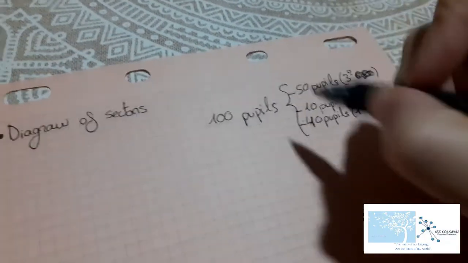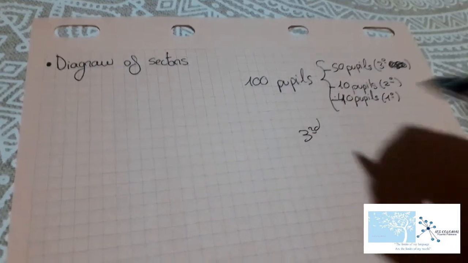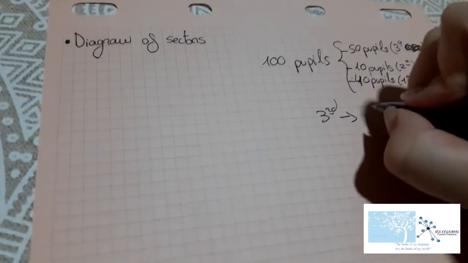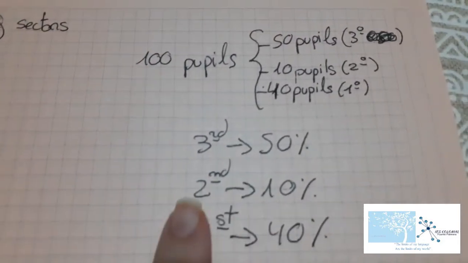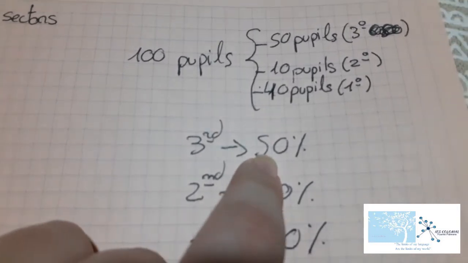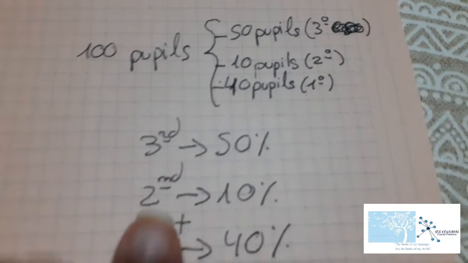So, the pupils in the third year are the 50% of the pupils in the school.